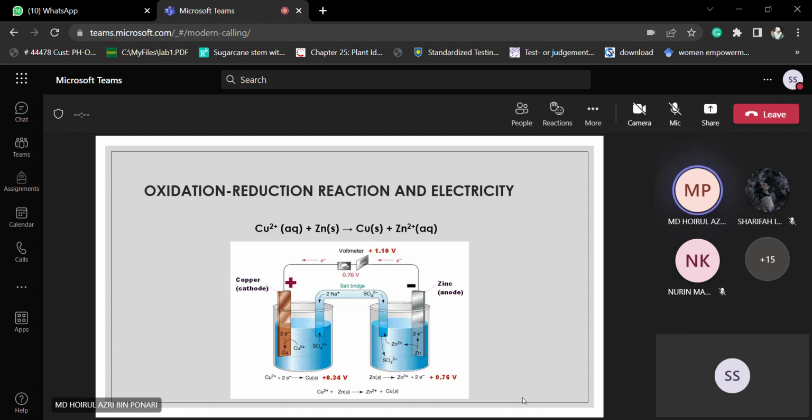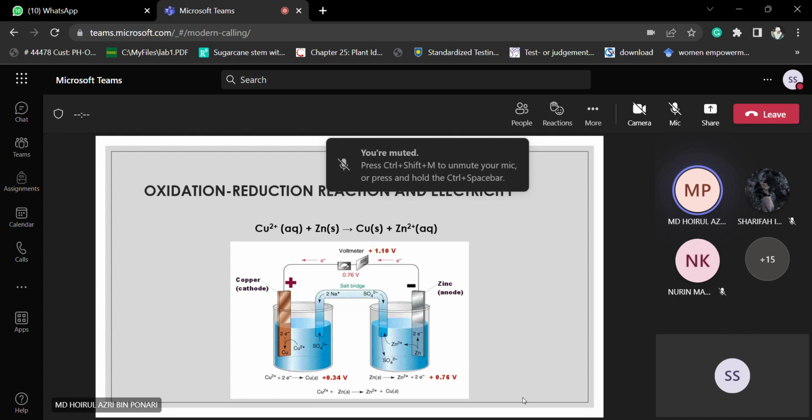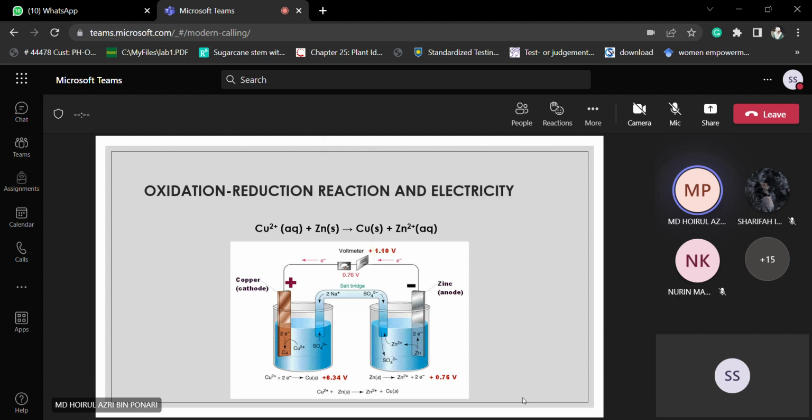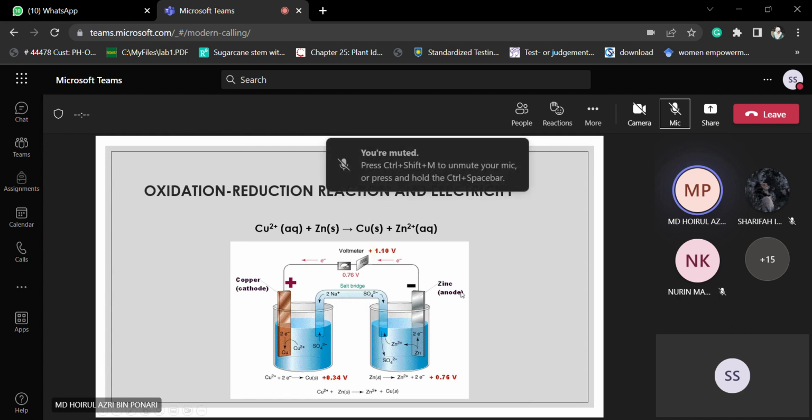Okay, this is a galvanic cell. This galvanic cell is the principle we use to determine the concentration of hydrogen ions, or to determine the acidity, the pH of the solutions. In this galvanic cell, we have two plates. We have a copper plate and a zinc plate that serve as electrodes.